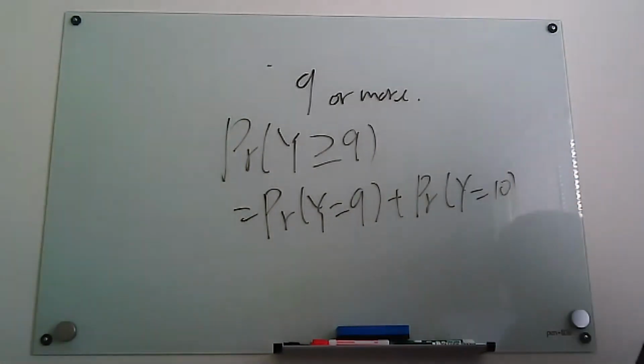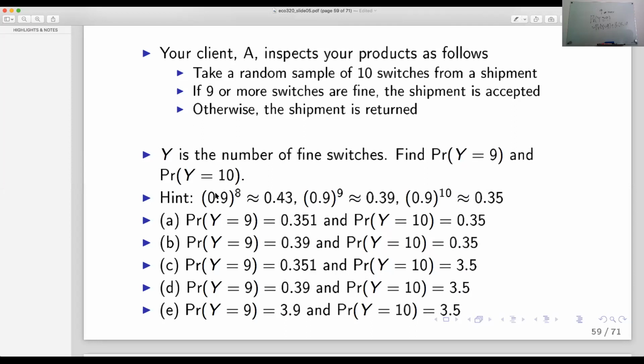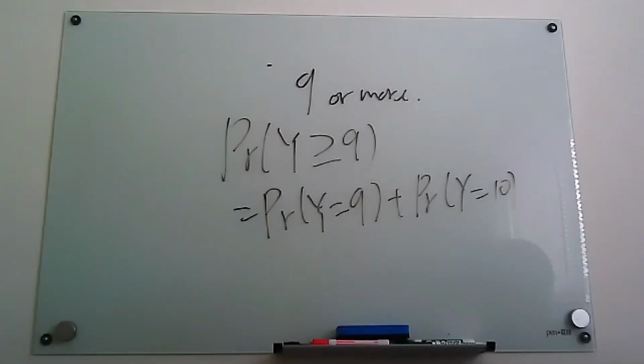So that is your answer, okay? Okay, let's try to get that. I gave you this hint, so you're able to find the probability of y equal to 9 and y equal to 10. You can use the R program to find it.